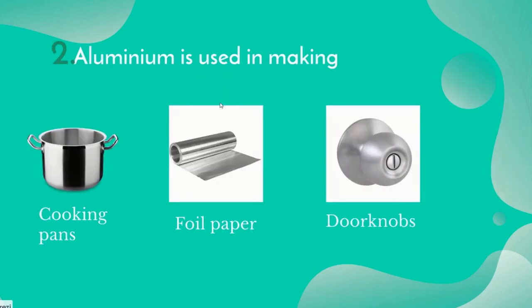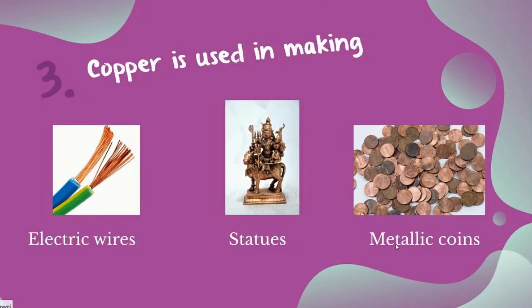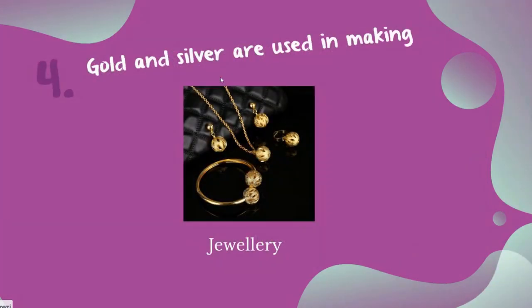Next we have aluminium, which is used in making cooking pans, foil paper, and door knobs. Then we have copper. Copper is used in making electric wires, statues, and metallic coins. Next, gold and silver are used in making jewelry.